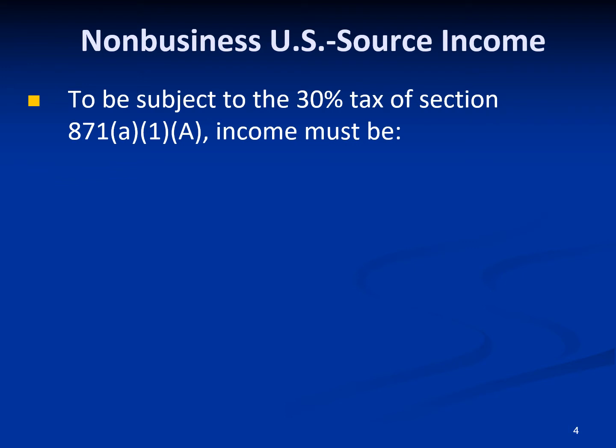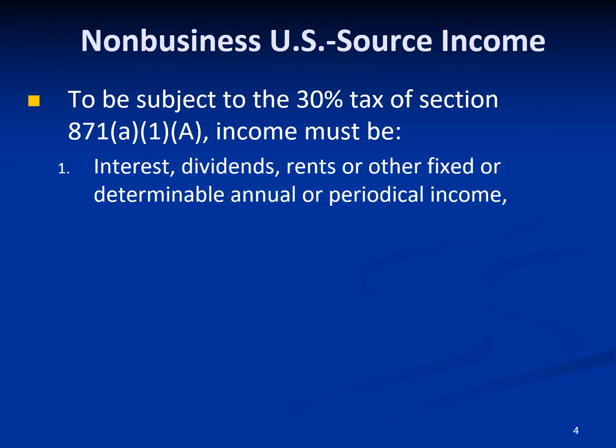If we break these statutory requirements down into elements, we find that there are 5 requirements that must be satisfied in order for this 30% tax to be imposed on the income of a foreign person. The first requirement is that we have the right type of income.